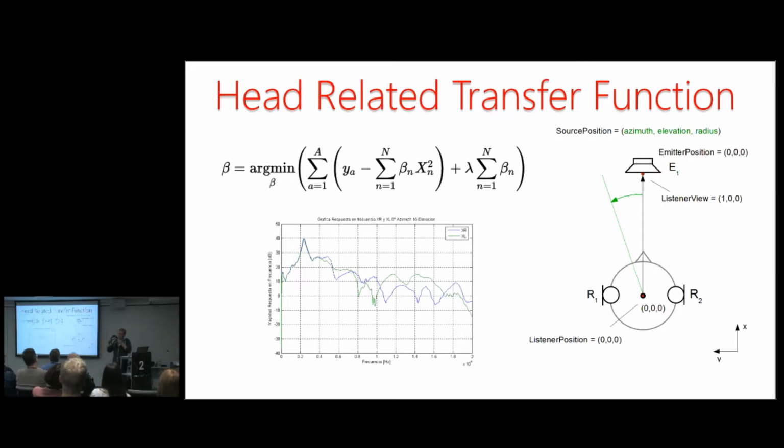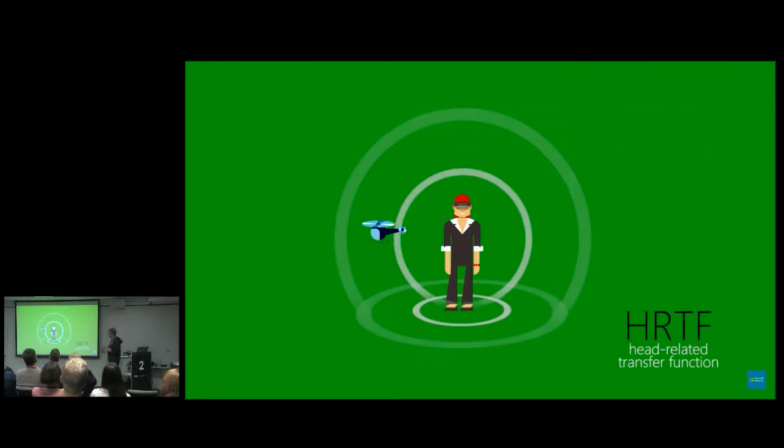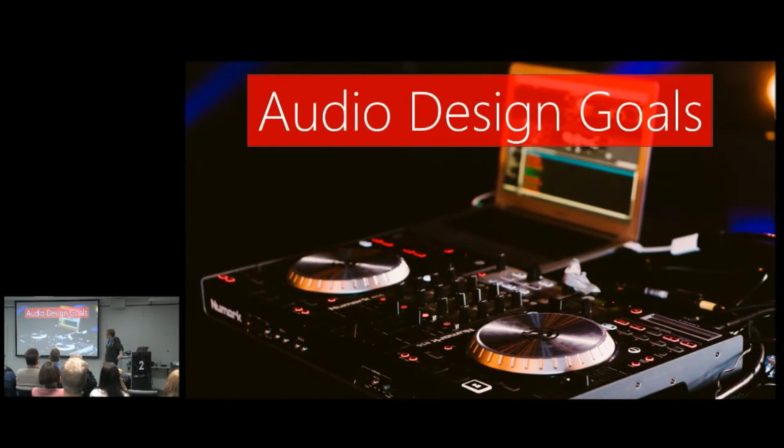The framework does all the spatial audio calculation for you. You don't have to worry about any of this mathematics, but it's good to know that that's how it works. All you need to know is that it's there, and we get pretty pictures of it. This is how Microsoft sells it. That's it. Audio design is as crucial as voice design.